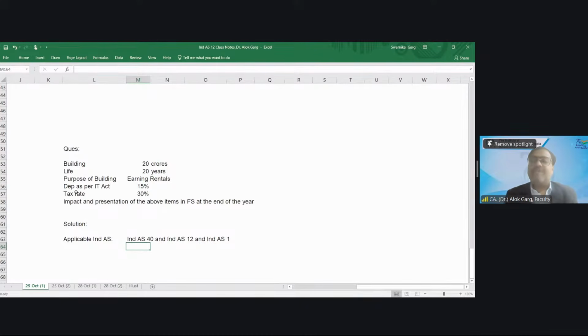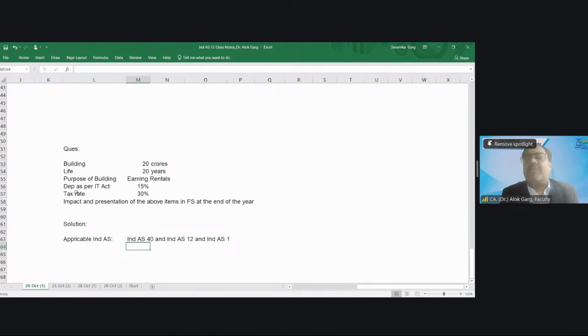Yes, Ind AS 40, because the purpose is given as rental, which means this is an investment property. And categorically, this question is asking about the presentation. How does it make a difference?